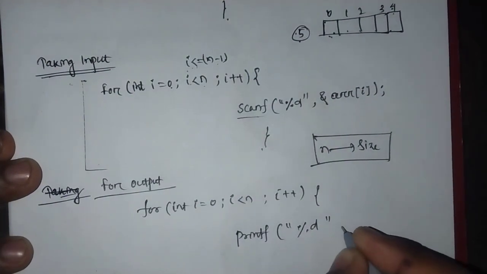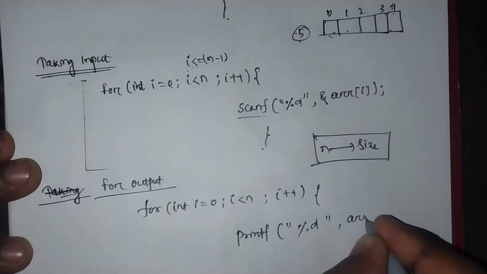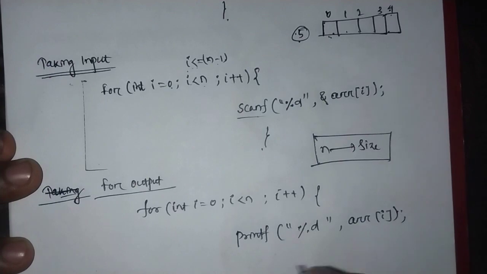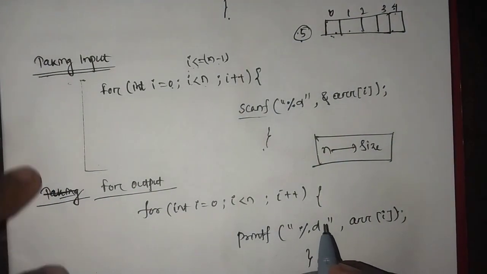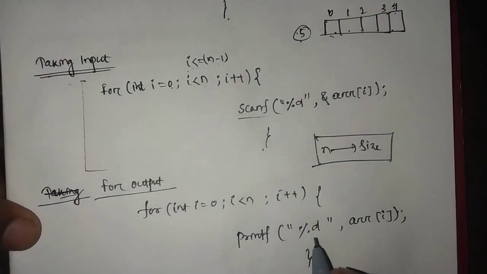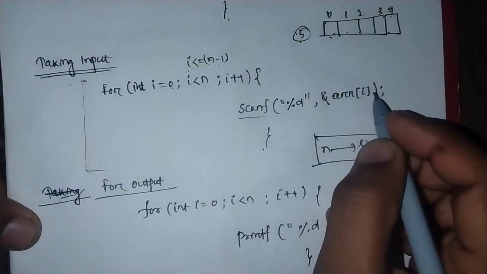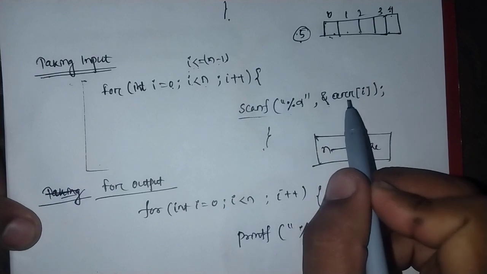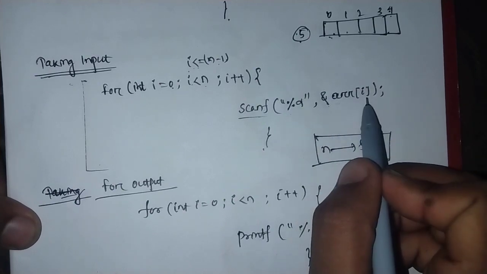%d. For a variable, we write %d and the variable name.